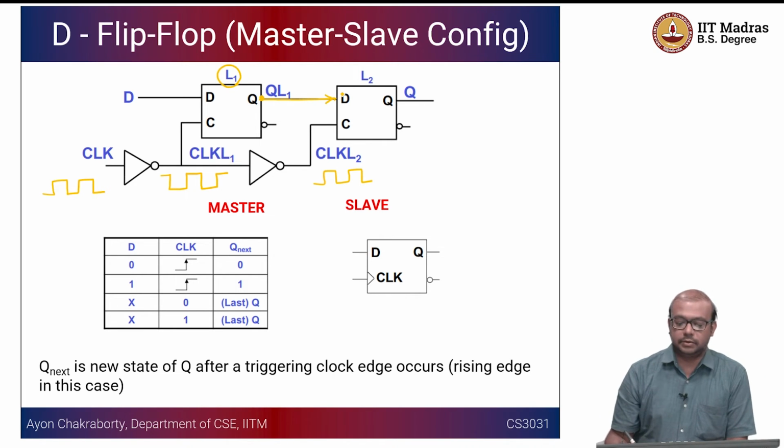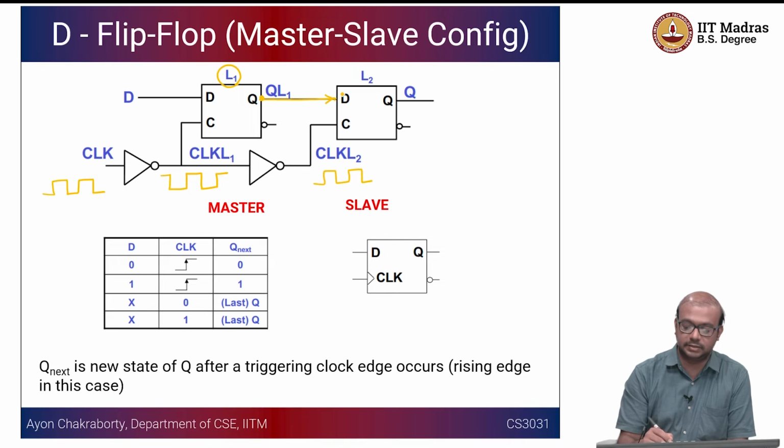Okay, so if you analyze this configuration, you would be able to understand that this circuit is going to transfer the data from D to Q only at a positive edge of the clock. Okay, or at least at the edge of the clock, that you will be able to understand.